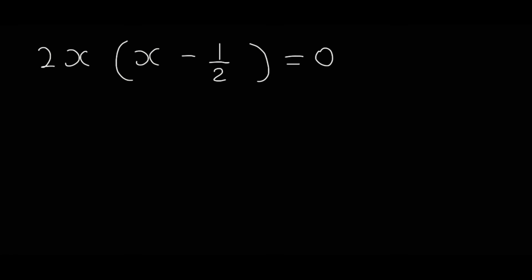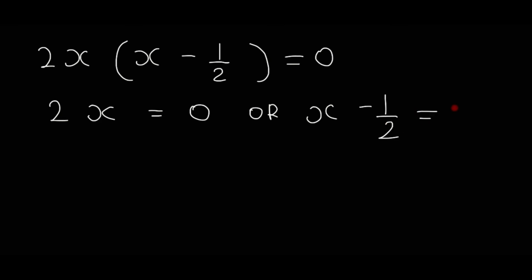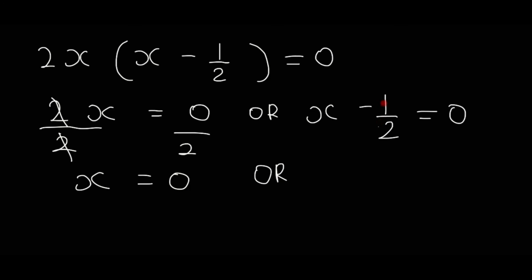So currently in this situation they are the same thing. 2x is equal to 0, and then x minus half is equal to 0, and therefore we solve for x. This one we divide by 2, and then 2 and 2 cancel, and then our x is equal to 0, and as for this one we just move minus half to the other side. So this means x is equal to half, and then this is our answer.